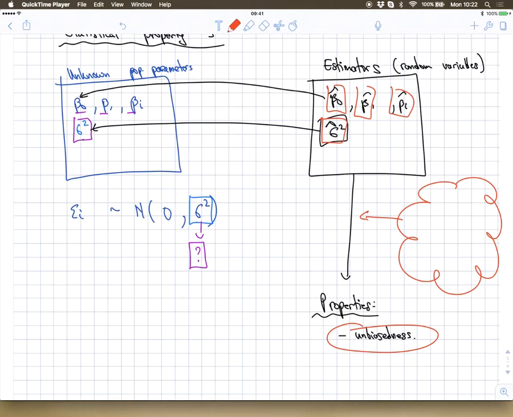It must be the assumptions that you make on the model, okay? So the assumptions, of course, will heavily impact these properties of the estimators.